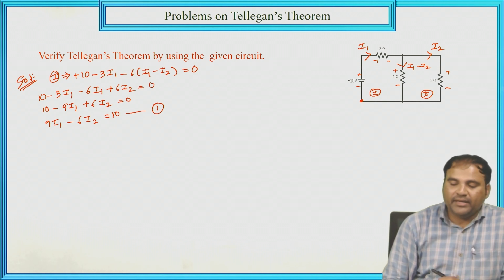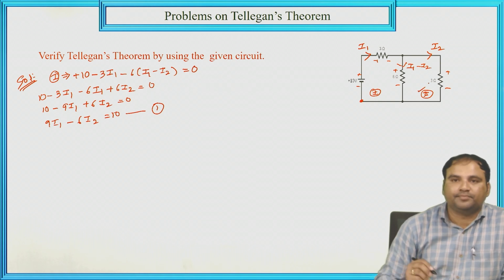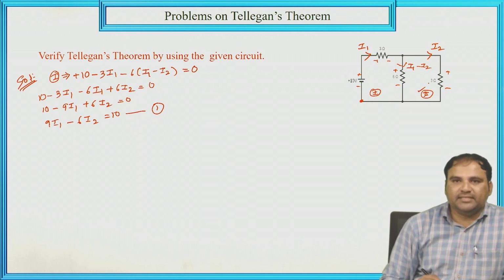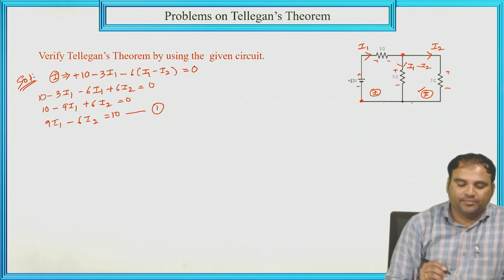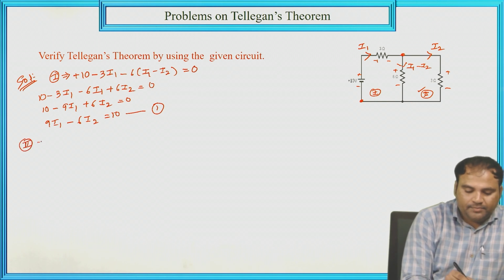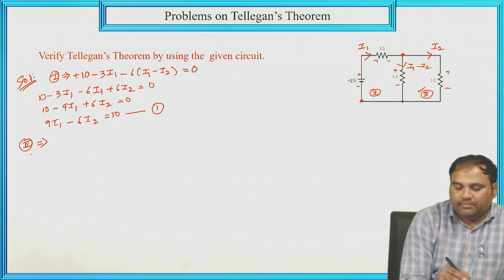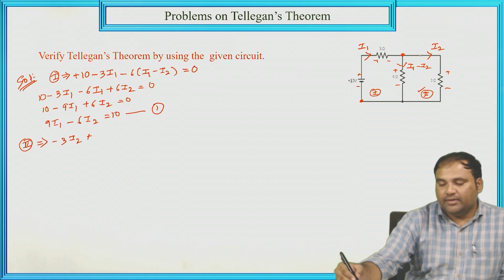Now apply KVL in the second loop. So here we are having the second loop. In this case I am starting from this point, so we will go in the clockwise direction. So now the second loop equation is minus 3I2 plus, so here I am starting from here.